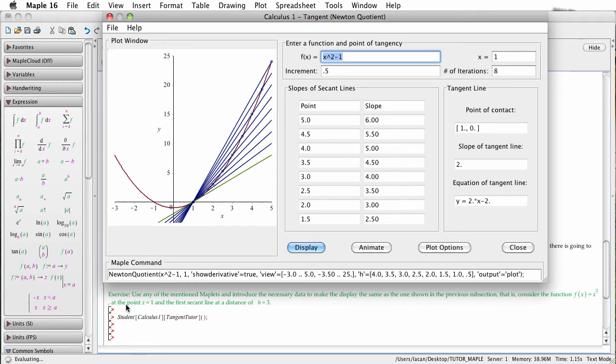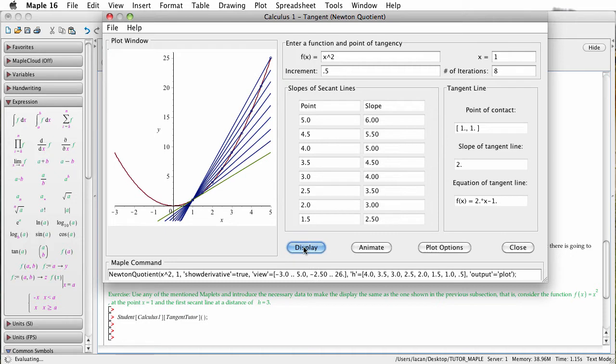Now the exercise says that we consider the function x squared, so not x squared minus 1, at the point 1, so this is correct. If we do this display, what we get is this, and what this is saying here is that the second line has to be at a distance 3. So this is distance 1, 2, 3, 4.